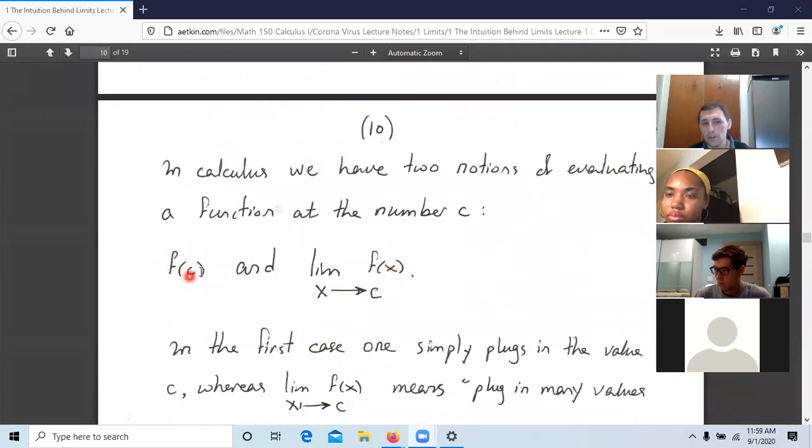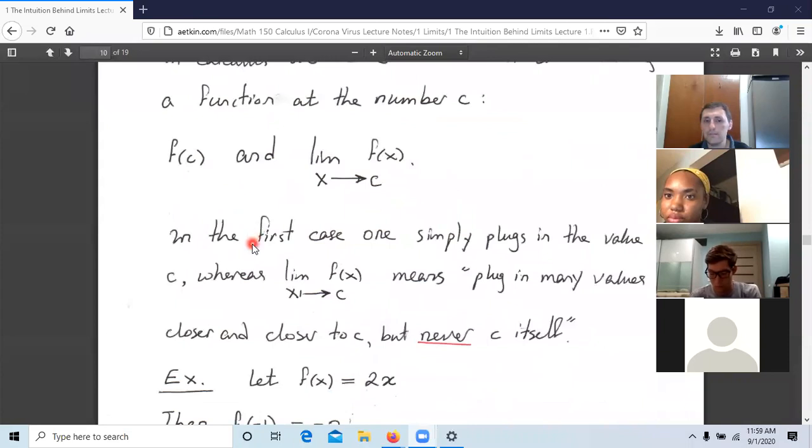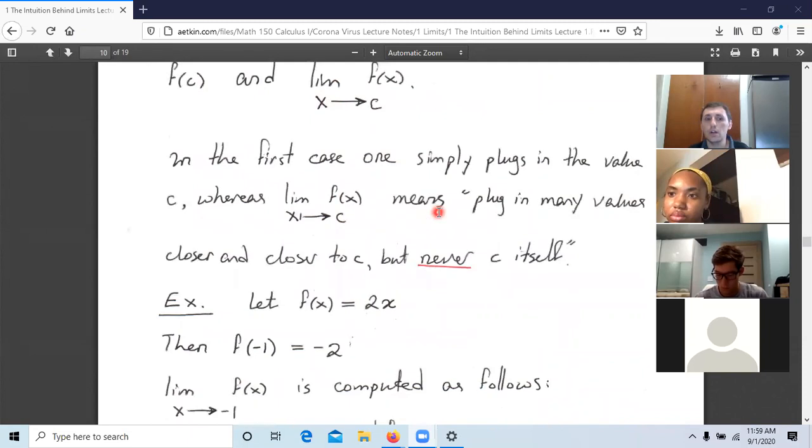The first notion, I think you already know: you take a function, you plug in a number, and the function processes this number and spits out a value. In the limit, you don't plug in the value c, but you plug in many values that are not c but very similar to it. That's the difference between the two operations. Let me show you what that means.